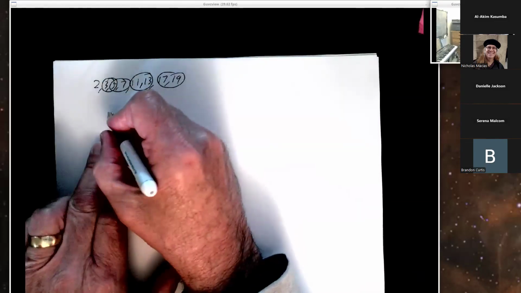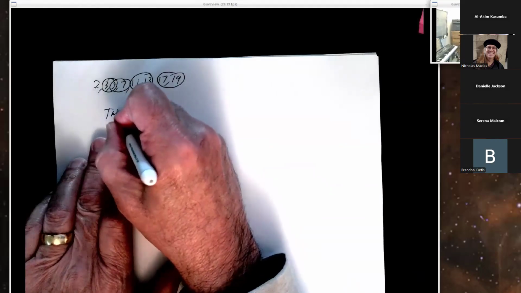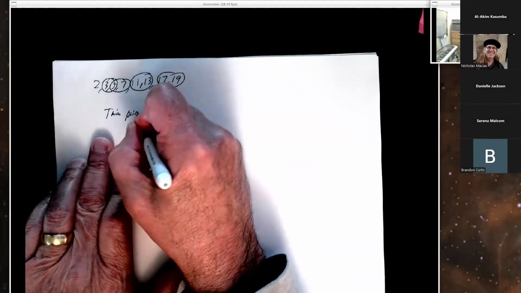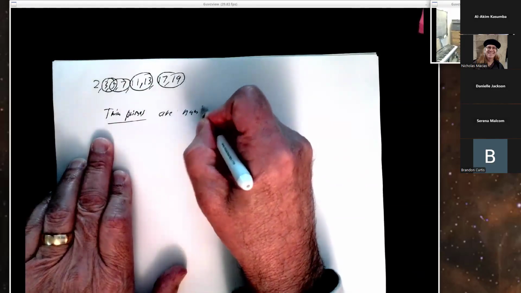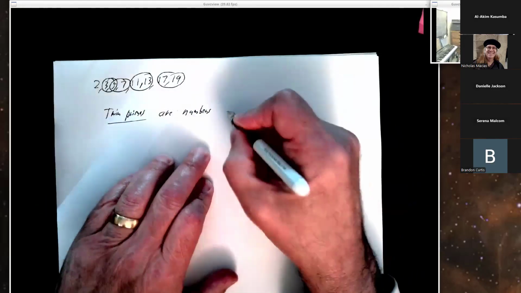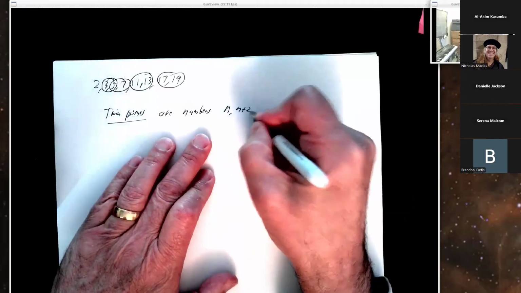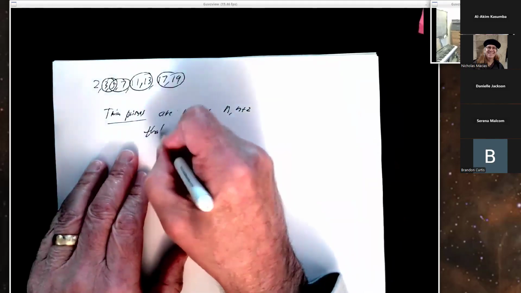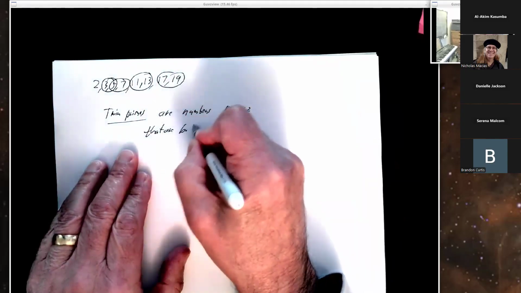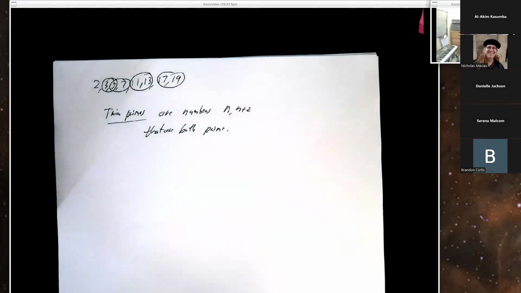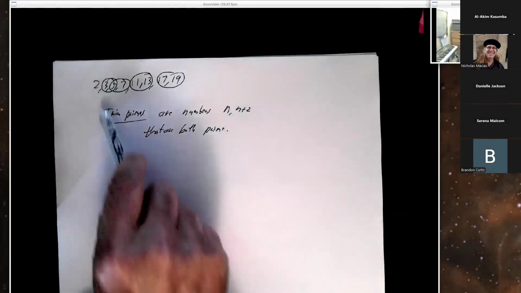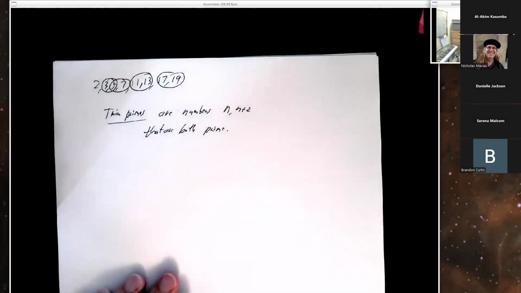So twin primes are numbers n and n plus 2 that are both prime. And they're very common in the beginning, 3 and 5, 5 and 7, 11 and 13. But as you get to larger and larger numbers, these get rarer and rarer.